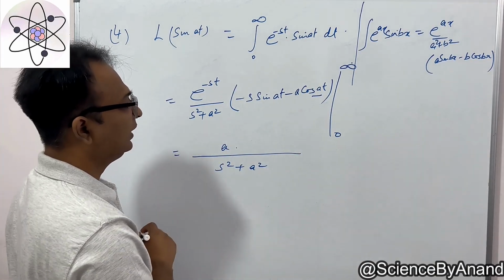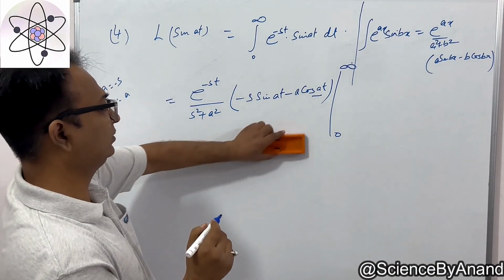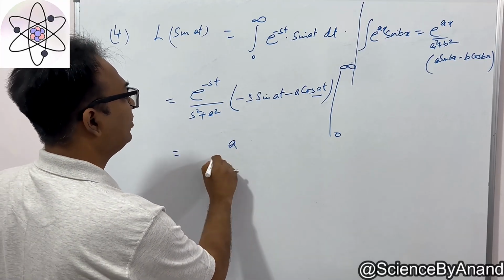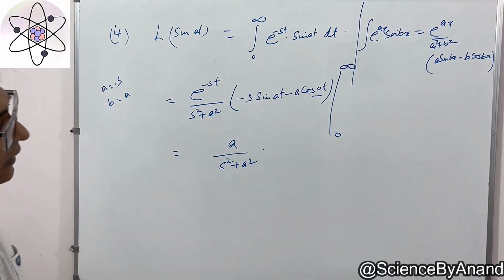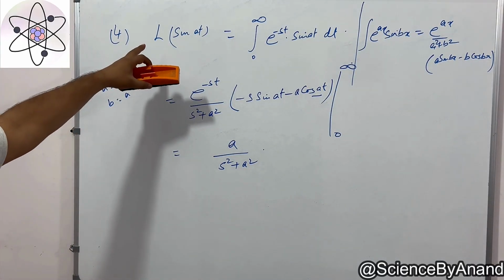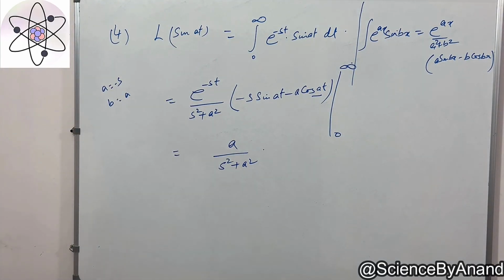So this is a by s square plus a square. So to write it properly, this is a by s square plus a square. So we get the value of Laplace transformation of sin at.